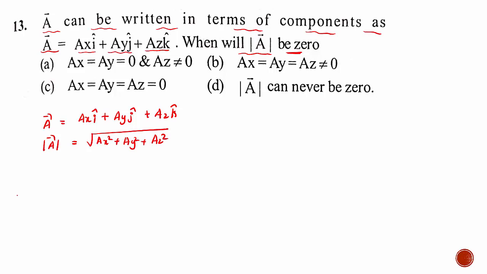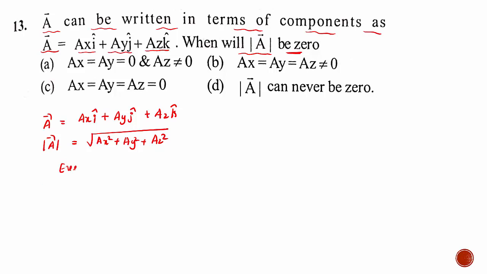This is the magnitude. So here, if one component is non-zero, the sum of AX square plus AY square plus AZ square cannot be 0. If any one component is non-zero, then the result will be not 0 because we will get certain numerical value here.